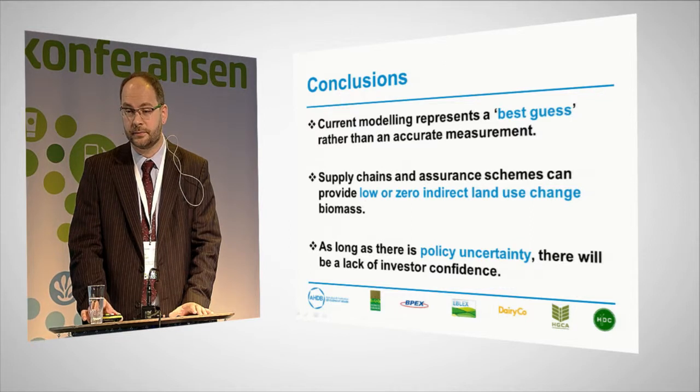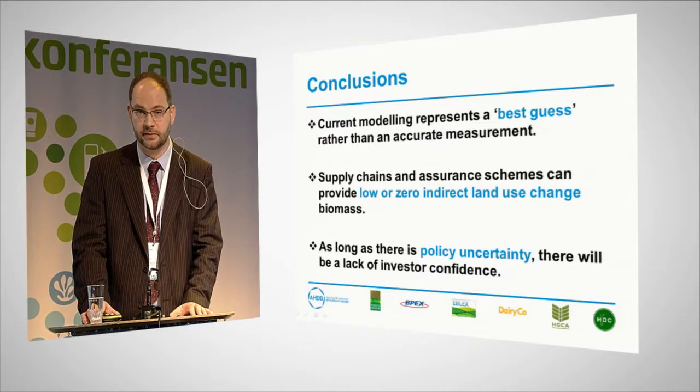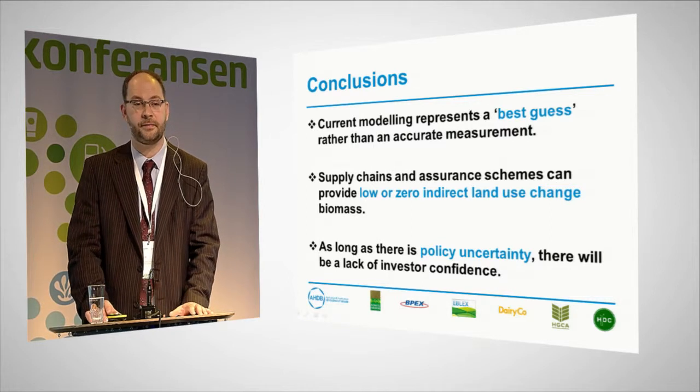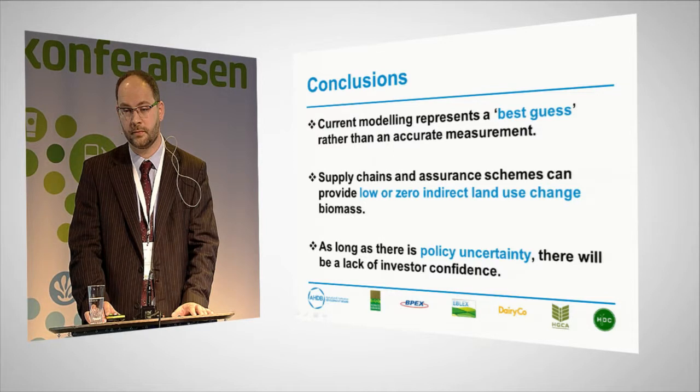So, my conclusions. Indirect land use change modelling at the moment is at best a best guess. It's also being developed in order to produce ILUC factors to influence policy direction.